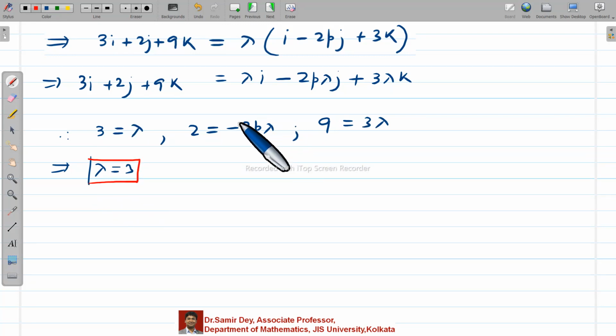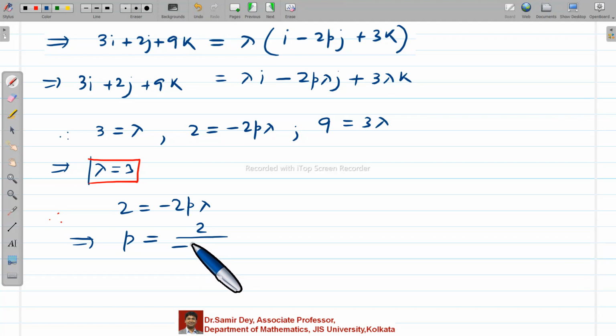Okay, we need to calculate the value of p. Therefore 2 is equal to minus 2p lambda. Lambda is equal to 3 here. So p is equal to 2 by minus 2 lambda. 2 cancels, ultimately it is coming minus 1 by lambda, which is minus 1 by 3.